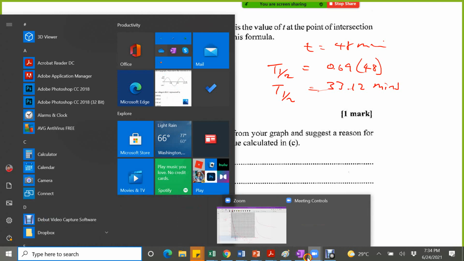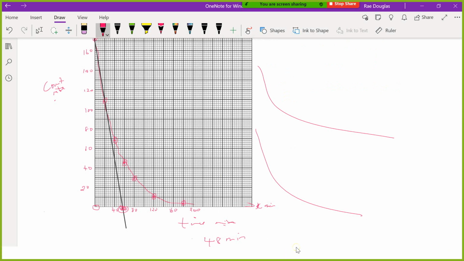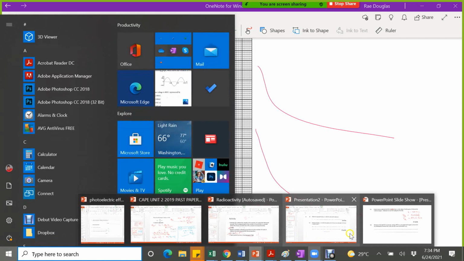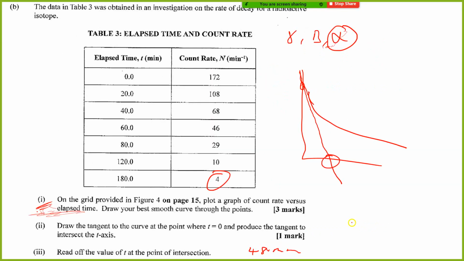So what we're going to do now is essentially find out the half-life. For us to find out the half-life, we must know the initial amount that we start out with. So let me go back to that. The initial amount was 72 rather. If we start with 172, what would be the half of that amount?